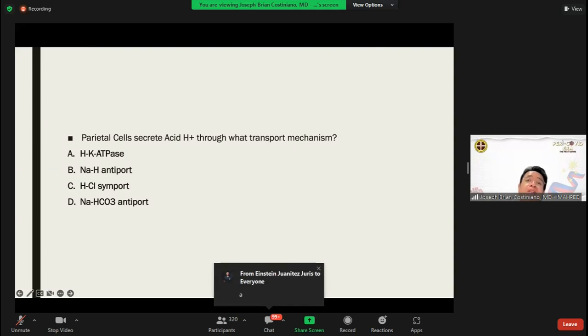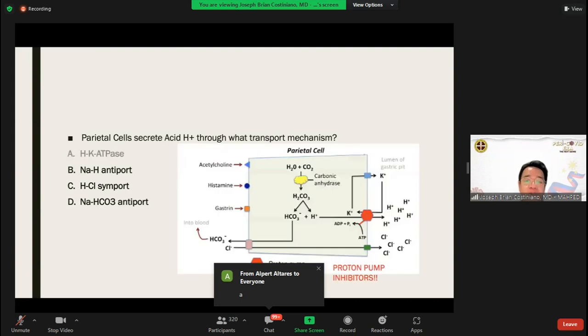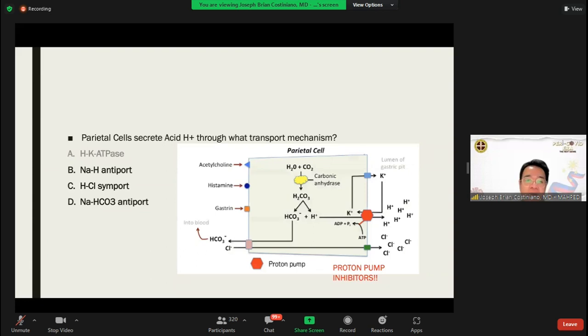So actually, ang tinatanong dito is, ano ba yung action ng omeprazole, lansoprazole, pantoprazole? Because those are drugs that act on your hydrogen potassium ATPase. So your proton pump inhibitor acts on your hydrogen potassium ATPase transport.